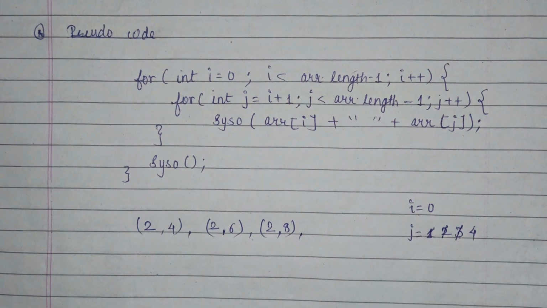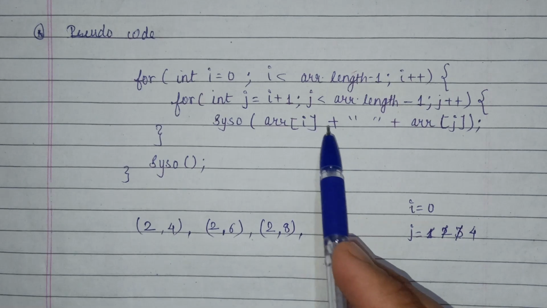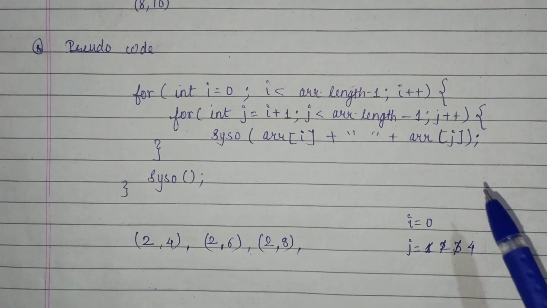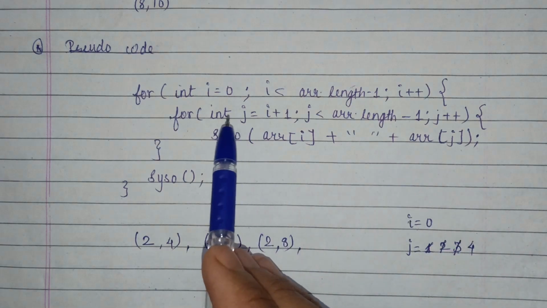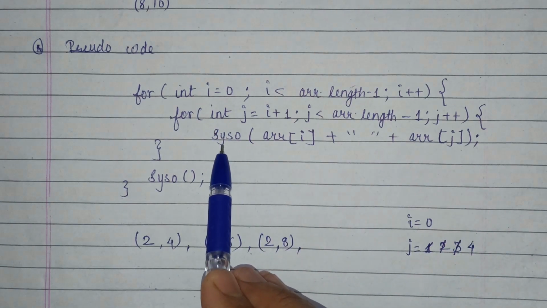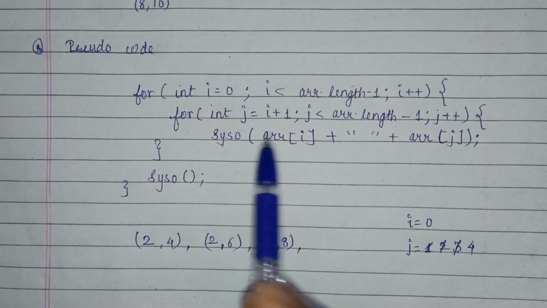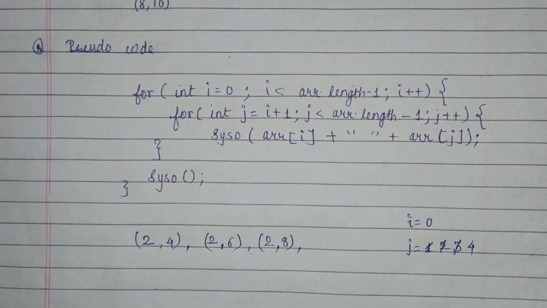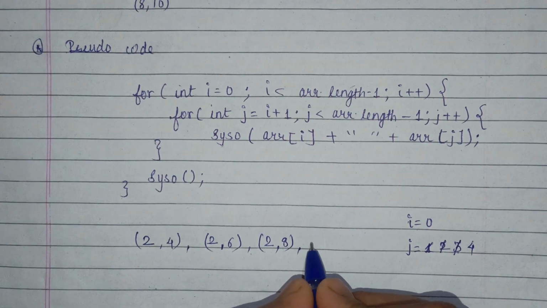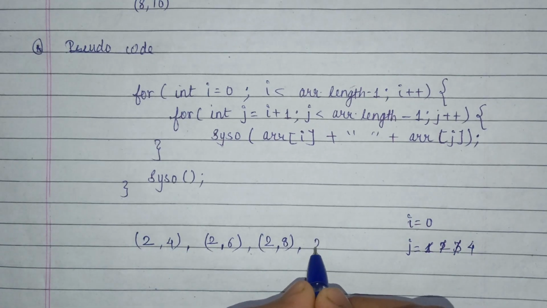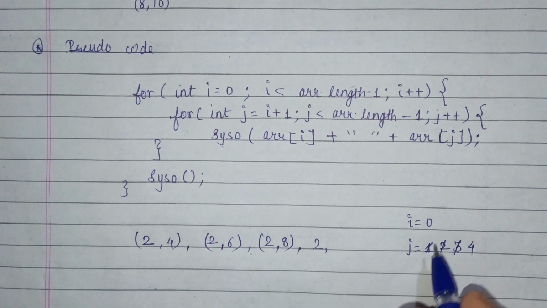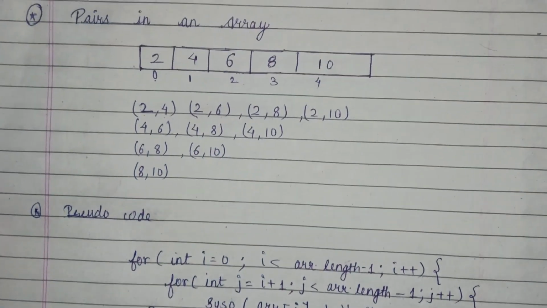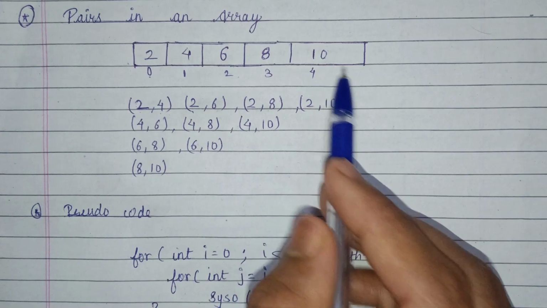Now it will compare with the array length. Is j less than array length? Obviously yes, and it will enter into the inner loop and print array of i and array of j. Then array of i here is, as everyone knows, 2, and array of 4 is 10 here.